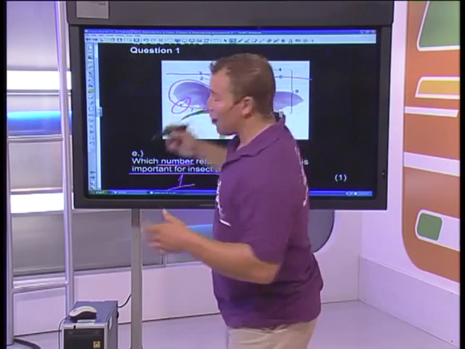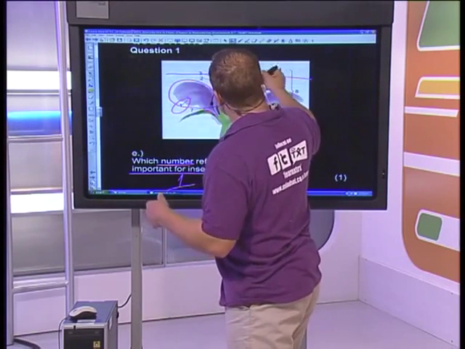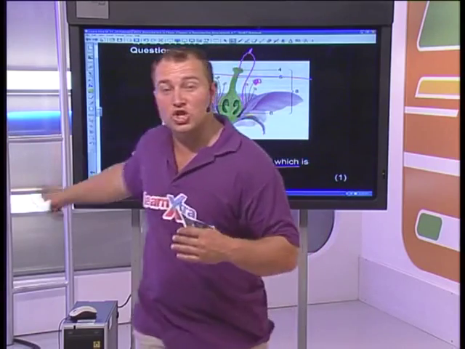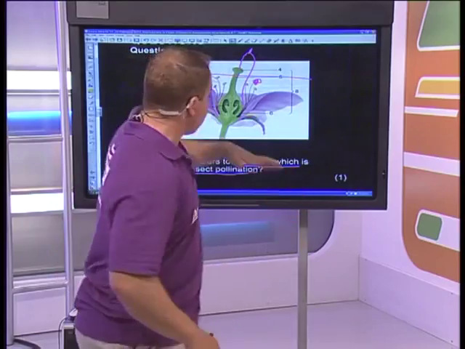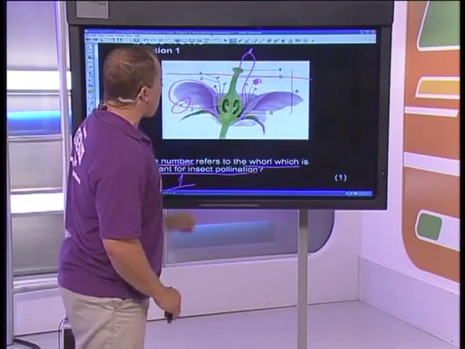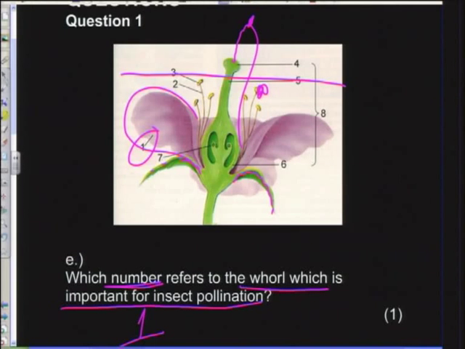No. So what actually happens is the insect's got to come, grab this, and then move away. It needs to grab all this stuff and then move away. If the anthers were up here, if something falls, it's already self-pollinated. So this is cross-pollinated. Very important. If you cross-pollinate it, the anthers need to be higher than the stigma. If the anthers are lower than the stigma, then they are cross-pollinated.